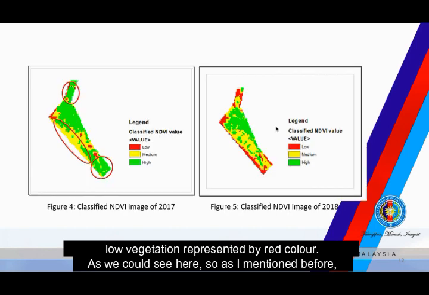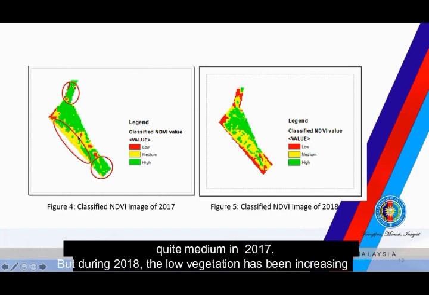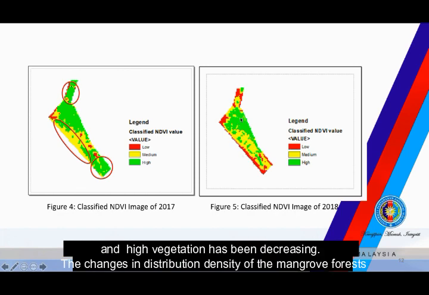As we could see here, as I mentioned before, there is only little low vegetation during 2017, quite high vegetation in 2017, and the medium vegetation is quite medium in 2017. But during 2018, the low vegetation has been increasing and the high vegetation has been decreasing.